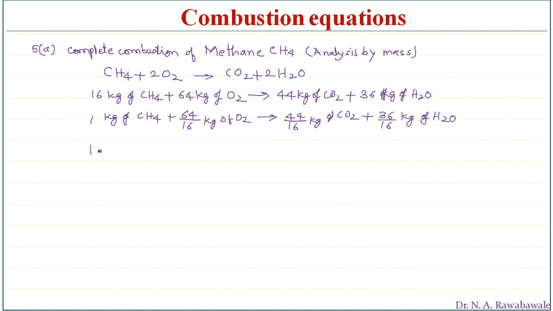On further simplification, 1 kg of methane is burned in presence of 4 kg of oxygen, producing 11 by 4 kg of carbon dioxide (4 11s are 44, 4 4s are 16) plus 9 by 4 kg of H2O water.